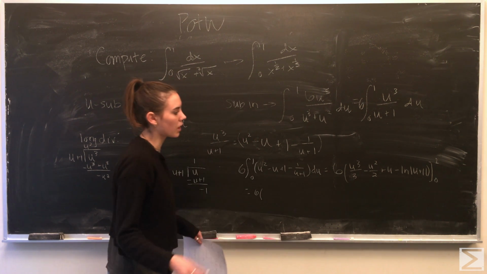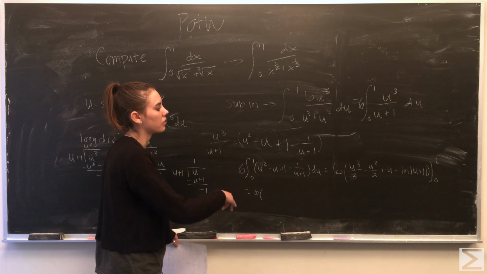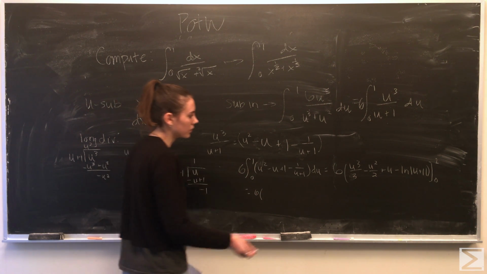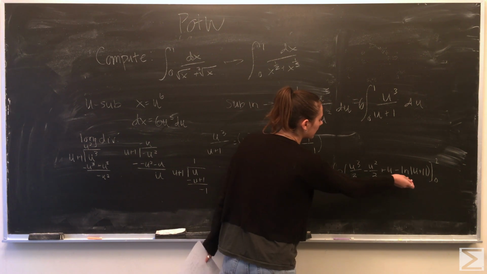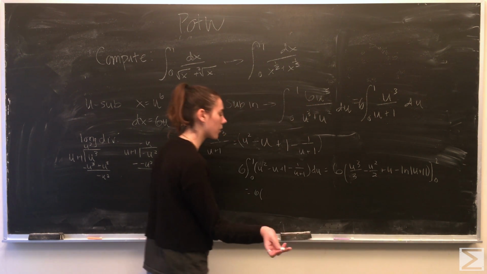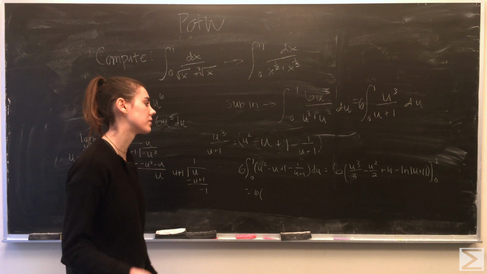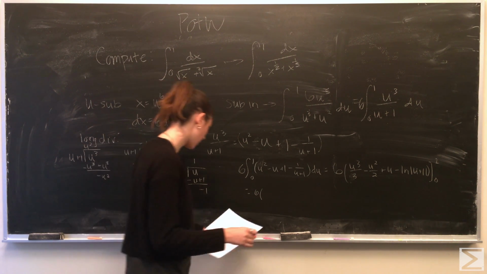When you actually plug in f of 0, you'll notice that all of the terms cancel. This goes to 0, this goes to 0, this goes to 0, and ln of 1 also goes to 0. So that completely cancels. So really all we have to plug in is f of 1.